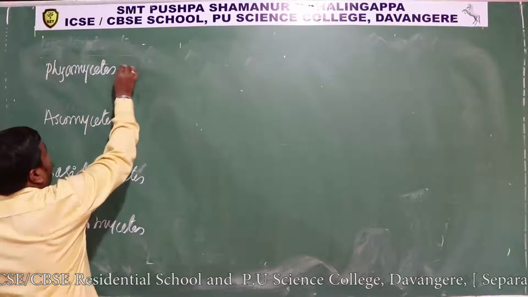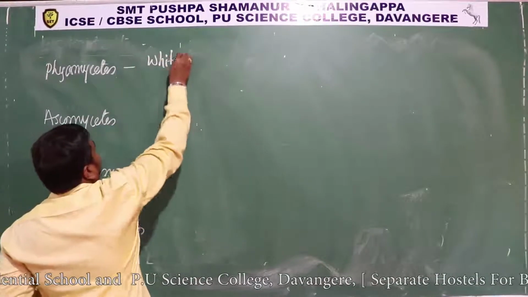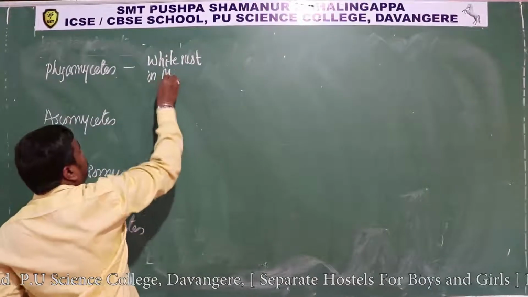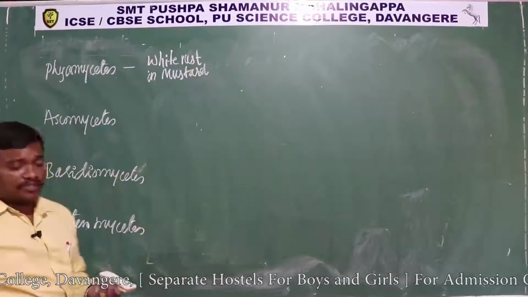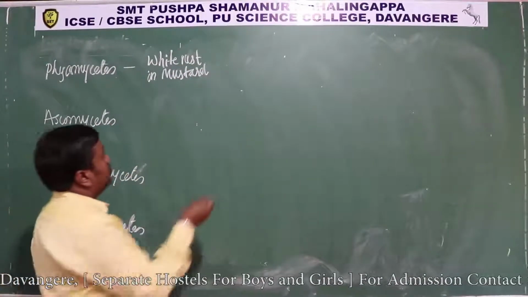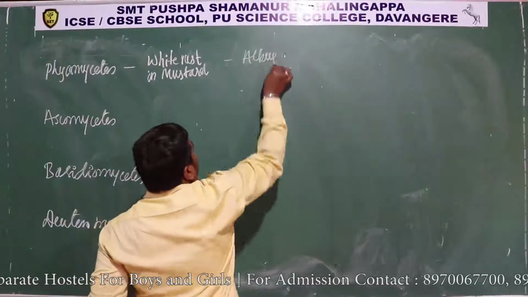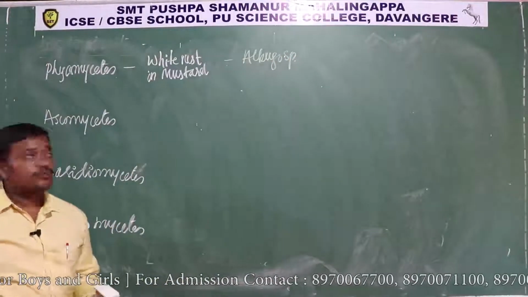Okay, so in Phycomycetes, white rust in mustard. The species that causes white rust in mustard is Albugo species. Okay, Albugo species.